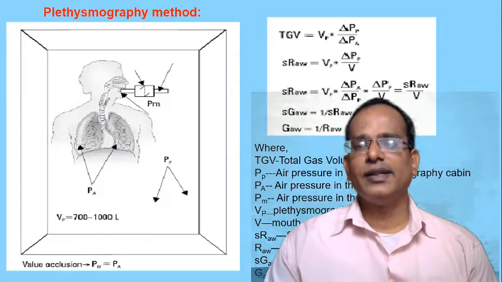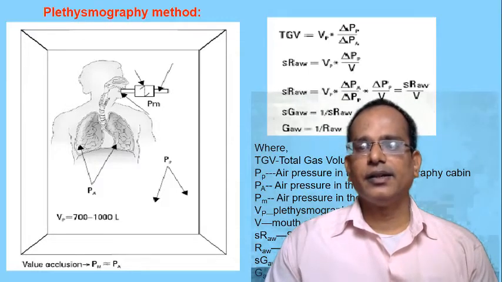Okay, so we will see what the abbreviations in the formula mean. TGV is the total gas volume, and Pp is the air pressure in the plethysmography chamber. PA is the air pressure in the alveoli, and Pm is the air pressure in the mouth.